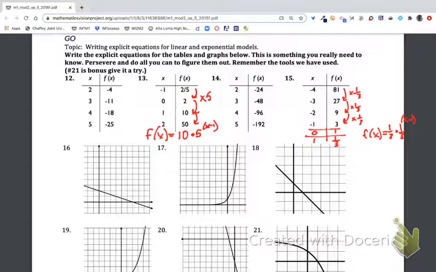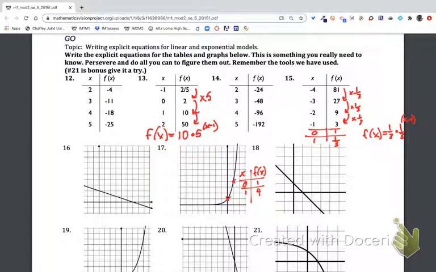For number 17, look at the graph and see what you can do. So looking at the graph, I see that my 0 term is 1, my first term is 4, and then it gets pretty far out of hand pretty quickly. Now, I don't have a whole lot to go off of, but what I do know is my 0 term, so my x and my f of x, my 0 term is 1, my first term is 4.